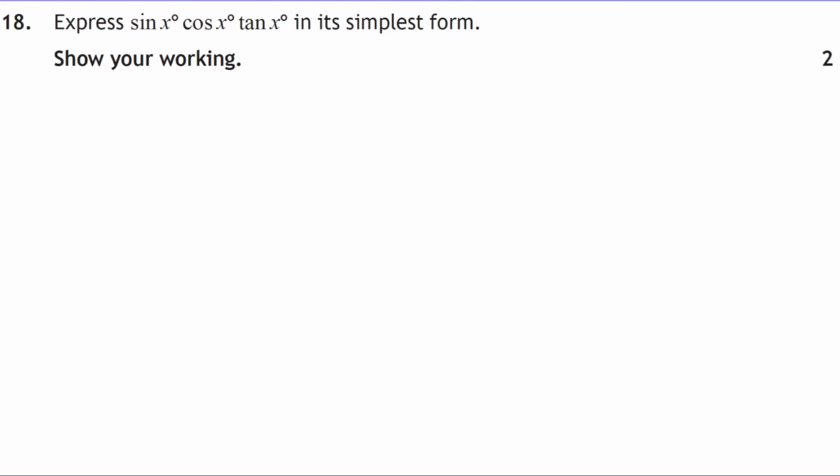Question 18, express sine x, cos x, tan x in its simplest form. Okay, so sine x, cos x, tan x, we're looking at substitution for tan x. Tan x is, if you remember, sine x over cos x.